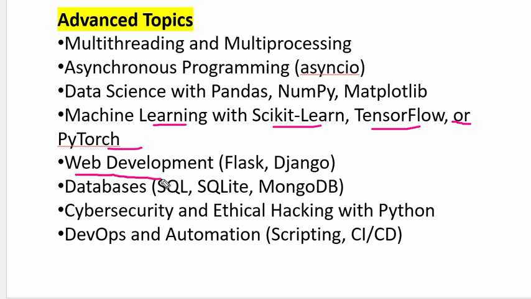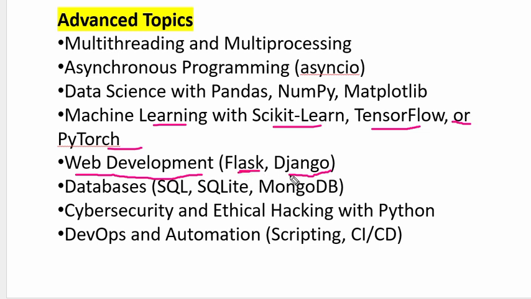Next, if you are interested in web development, this is the framework used to develop applications. If you learn Python thoroughly and understand everything, what is a variable, what is a function, what is flow control, what is OOPs, and everything else, then if you are interested in web development, you need to learn at least one framework.